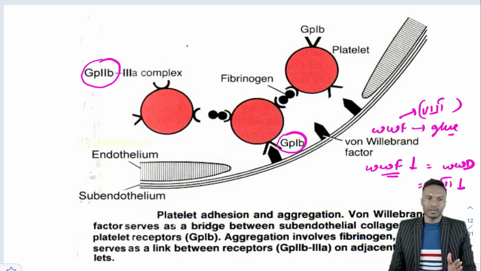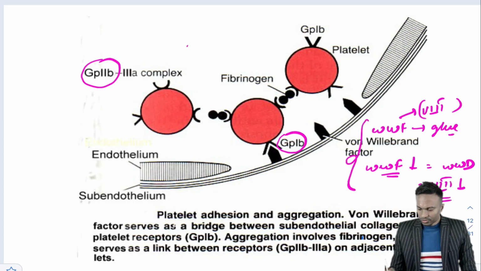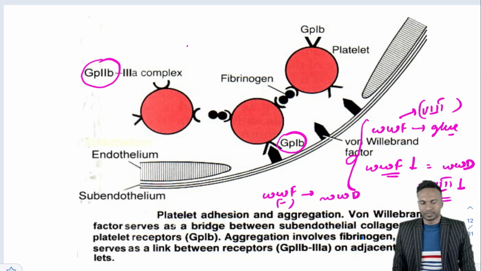So in von Willebrand disease, first of all there will be a defect with adhesion of platelets, so bleeding time will increase. Secondly, there will be a decrease in factor 8. So what will happen? APTT will increase, right? Because factor 8 is part of the intrinsic pathway. So see the versatility of von Willebrand factor. If von Willebrand factor is missing, it will lead to von Willebrand disease.